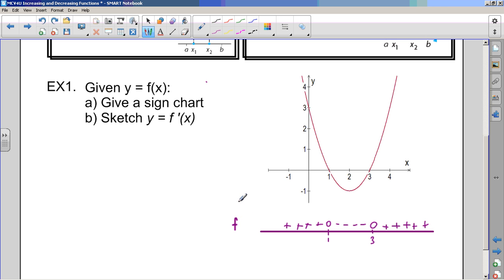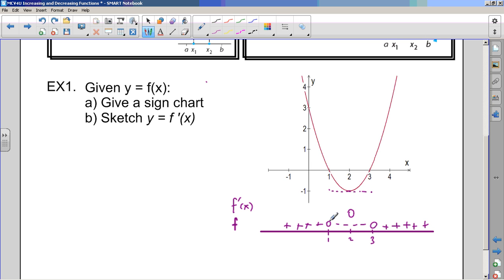What's more interesting is what happens to the derivative. Well, let's identify where the derivative is 0 first. Well, where is the derivative 0? It's where it would have a horizontal tangent right there. So at 2, this thing is 0, right? Right there is where I would get my horizontal tangent.